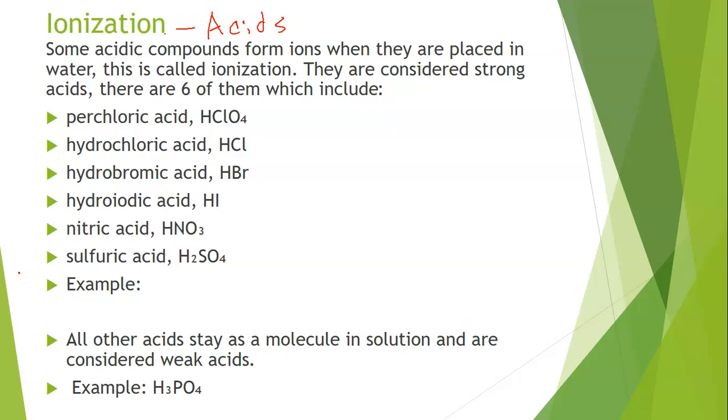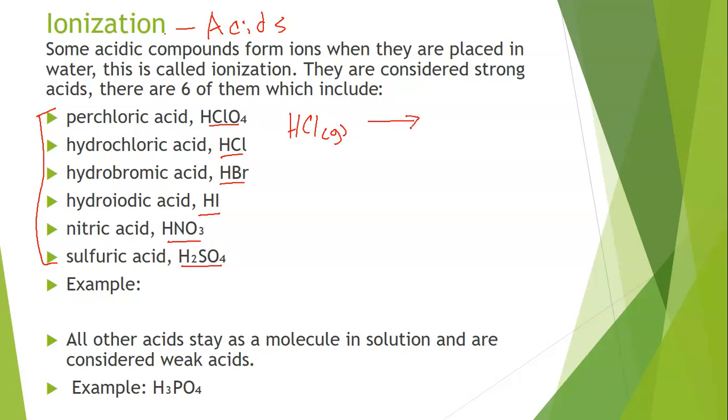So here are your six strong acids, listed for you, and you need to memorize and know which ones these are. Here's the chemical formula for each one, and you just need to be able to identify which one is which. For example, if you have HCl, it's going to be a gas.